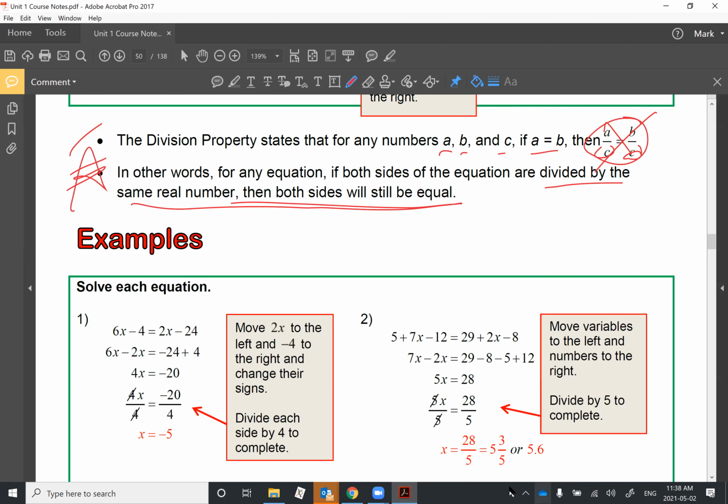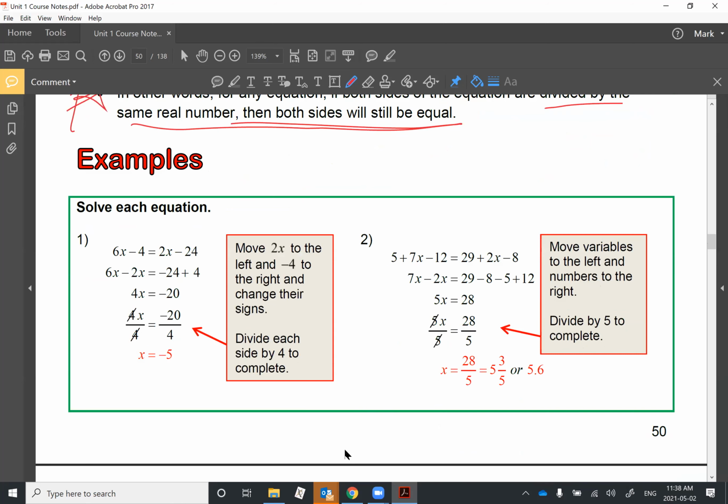So what this means is, and I'm going to explain this hopefully a little better when we do the practice problems, we solve this equation. So the 2x goes over here, the 4 goes over here. We change the signs of both of them. So the 2x becomes negative 2x, the negative 4 becomes positive 4.